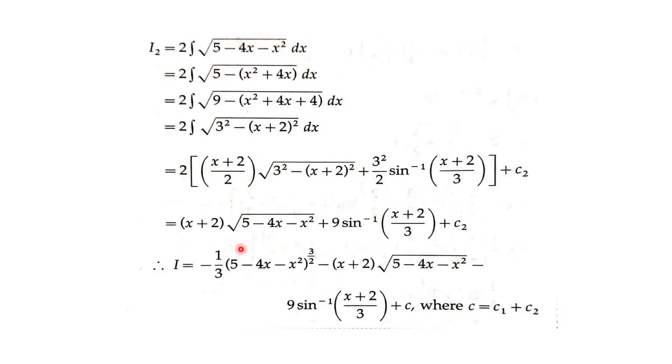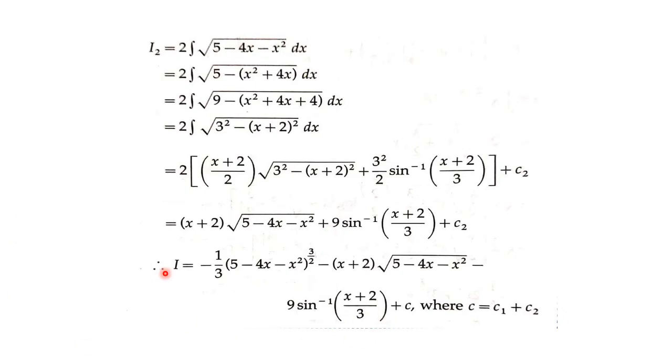Now, the 2s get cancelled, and solving these terms, we will have the original term, that is 5 minus 4x minus x square, plus here 3 square is what? 9. 3 square is 9, into sine inverse of this term as it is plus c2. So 9 by 2.